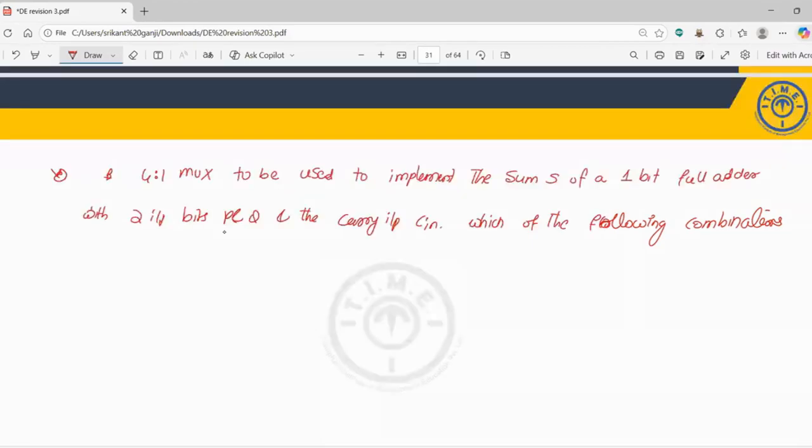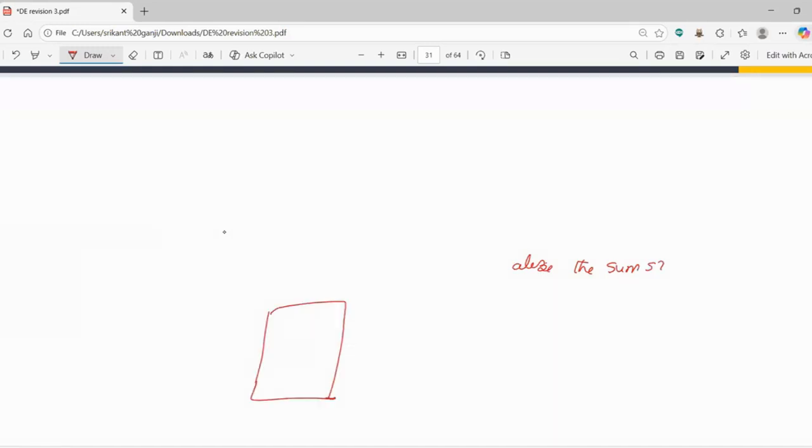Which of the following combinations of inputs to I naught, I1, I2, I3 of the mux will realize the sum? Okay, so solve this one.